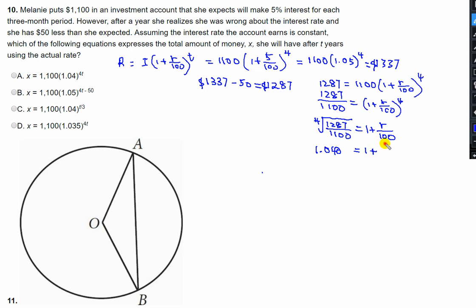So it's 1 plus r over 100. Bring this 1 over here: 1.040 minus 1, you end up with 0.04 equal to r over 100. Therefore, r is equal to 100 times 0.04, so it becomes 4. So the interest rate, instead of 5, is actually 4. So if you look at this whole thing here, this is the answer.